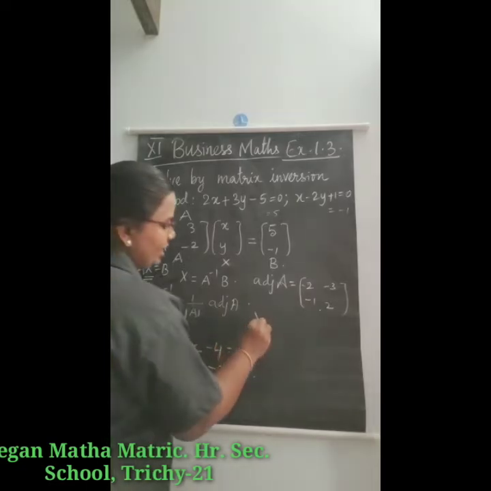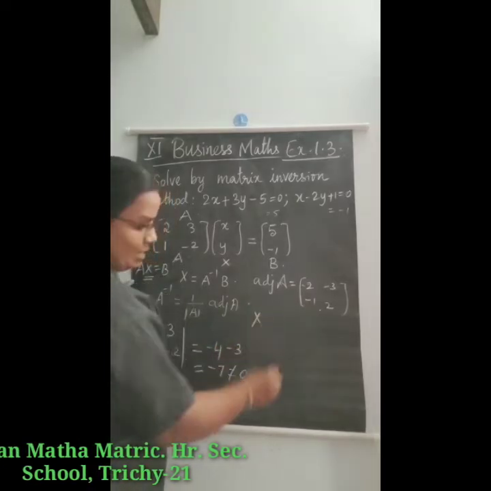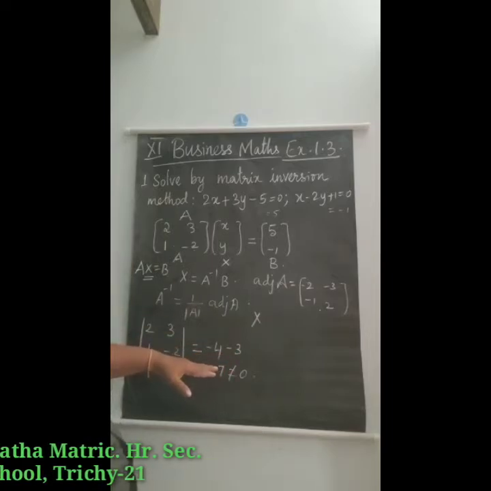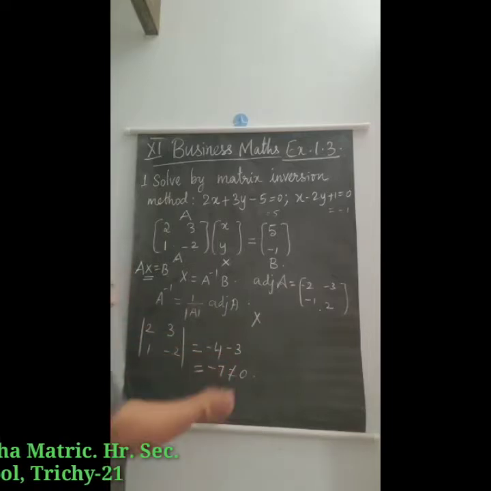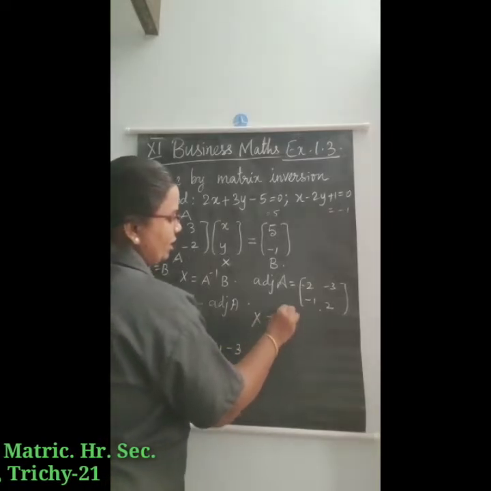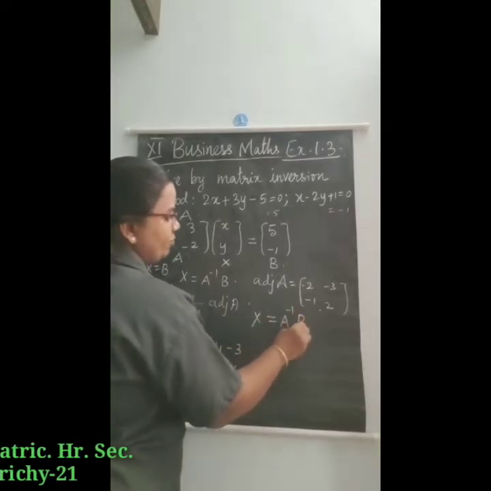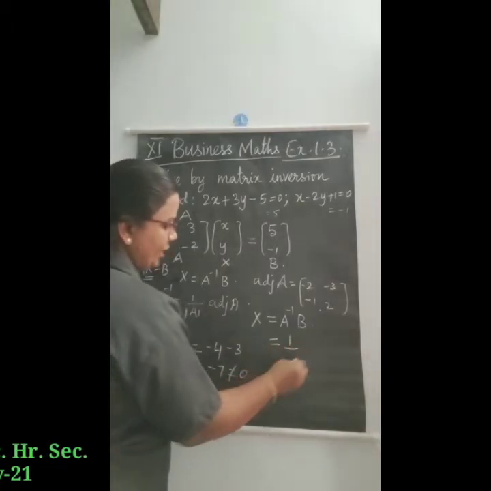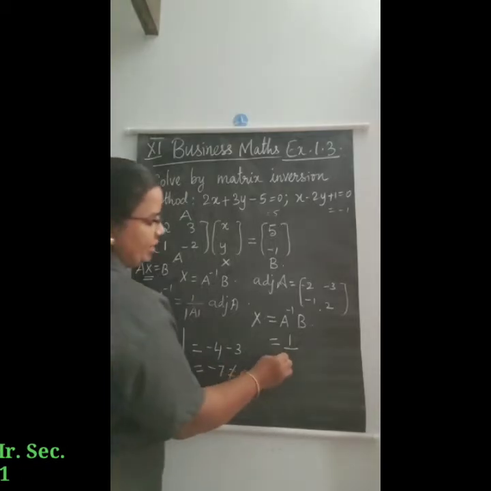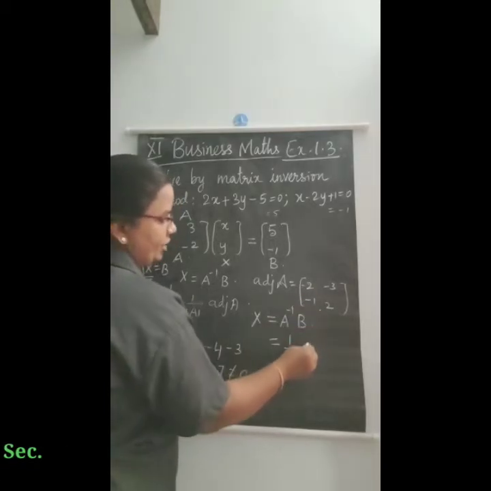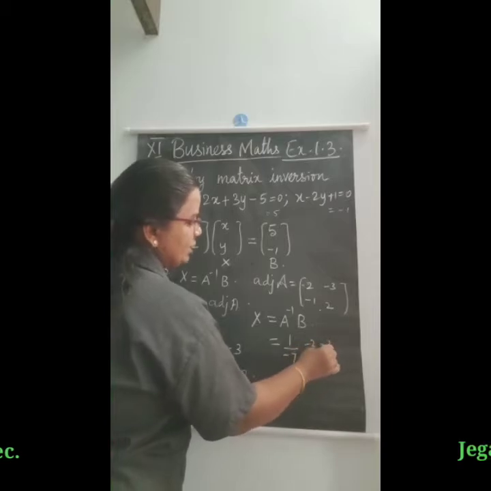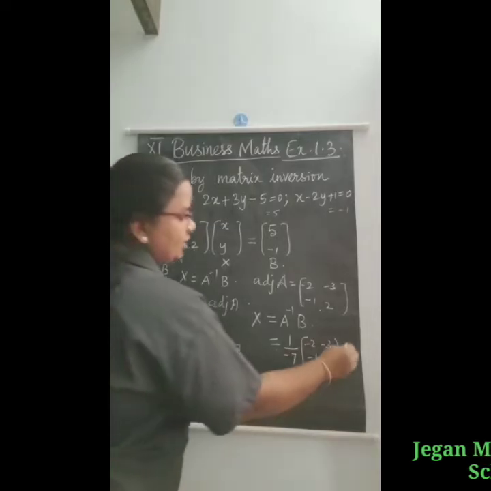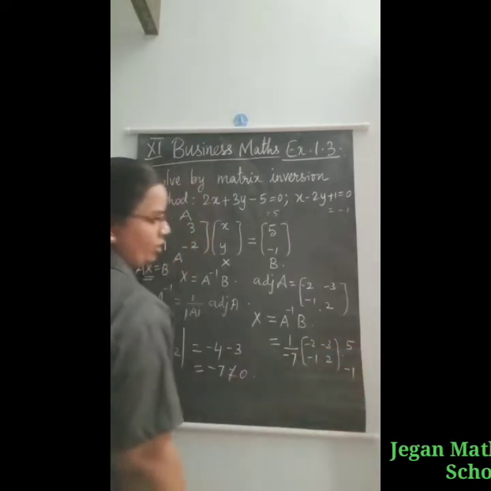Now x is equal to, that is, the column matrix of x and y. So X is equal to A inverse B. What is A inverse? 1 by determinant of A, that is 1 by minus 7, into adjoint A, minus 2, minus 3, minus 1, 2, into B. What is B? 5 and minus 1.